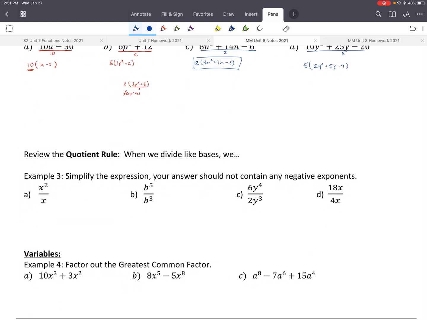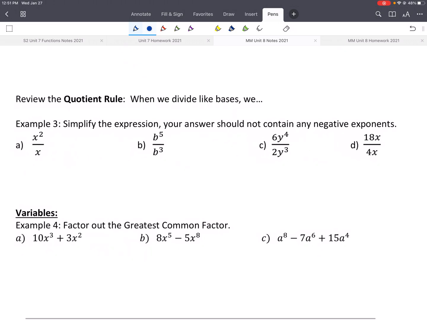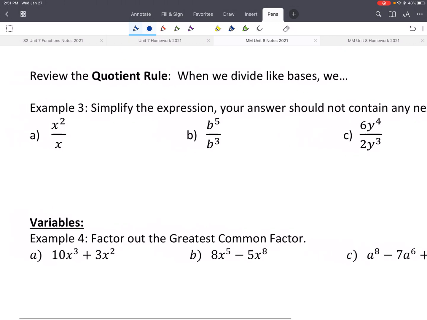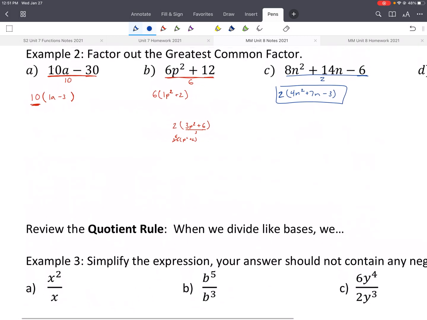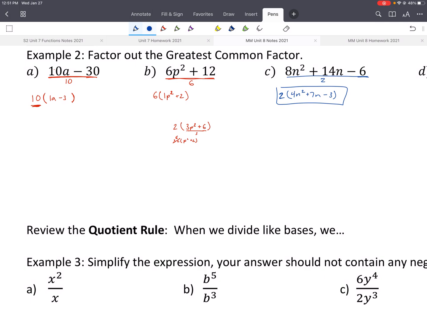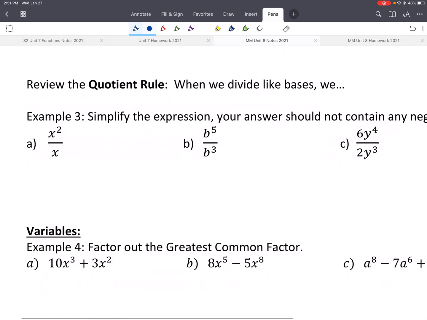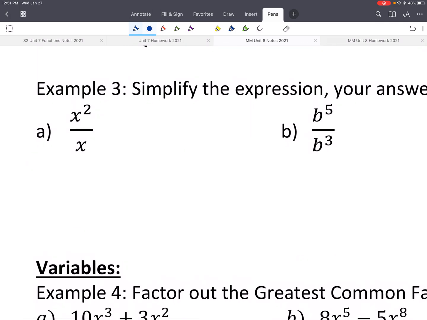Okay, now let's talk about variables. So we're going to do a quick review on the quotient rule, because we're going to end up dividing variables, and we need to remember what that does. Okay, so when we're dividing like bases, we subtract their exponents.